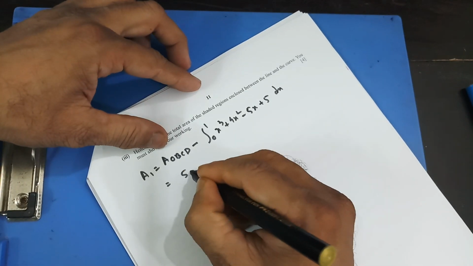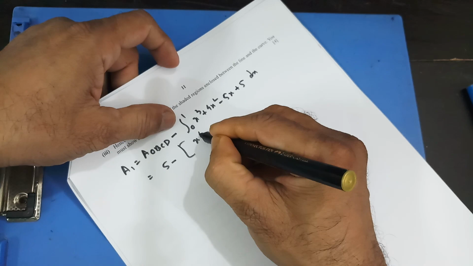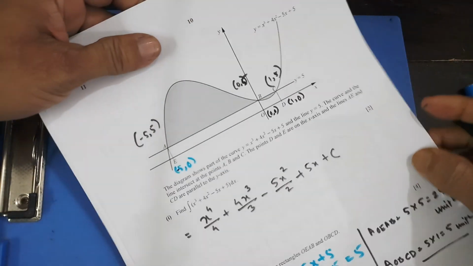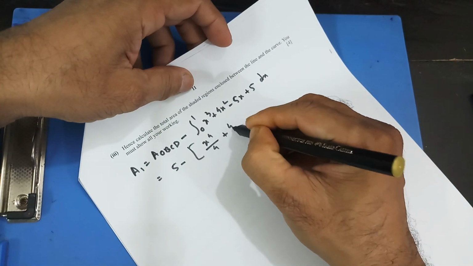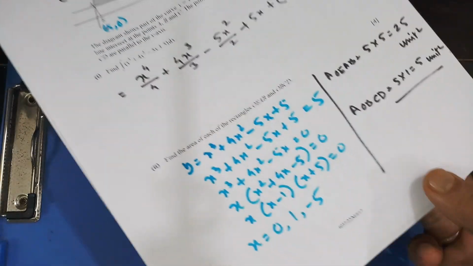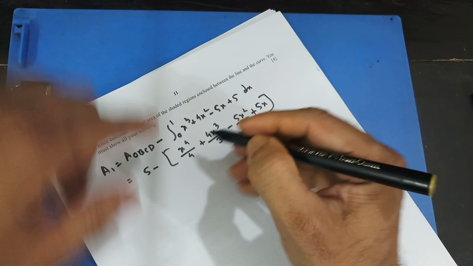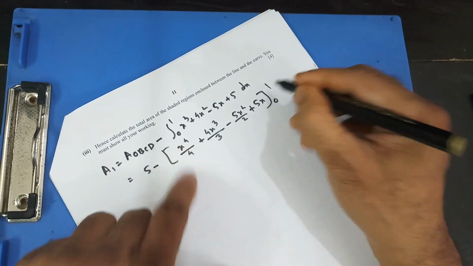Now this is going to be 5 minus what we integrate over here: x to the power 4 by 4, then plus 4x cubed by 3, minus 5x squared by 2, and then plus 5x. When we are integrating this, we don't need c. Limits 0 to 1.